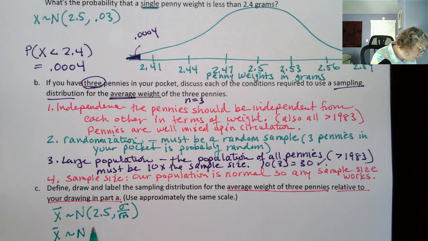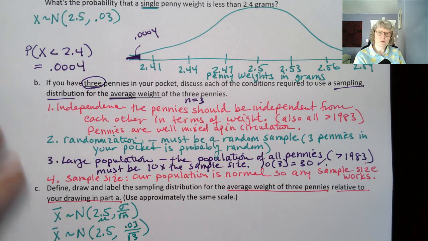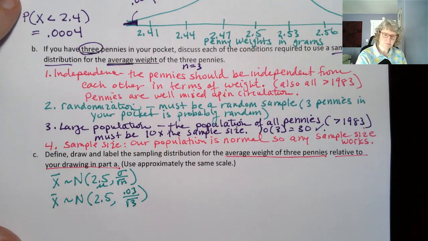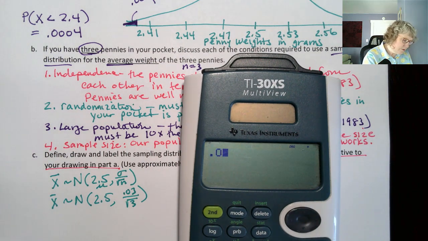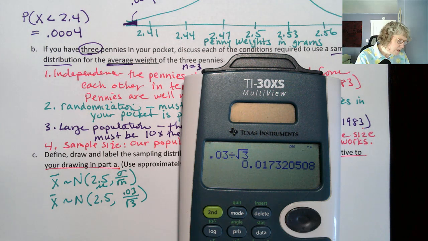X bar is normal, this was mu, 2.5, and then our original standard deviation was 0.03 divided by the square root of 3. Okay, so let me calculate what that is. 0.03 divided by the square root of n, which is 3, is 0.0173.